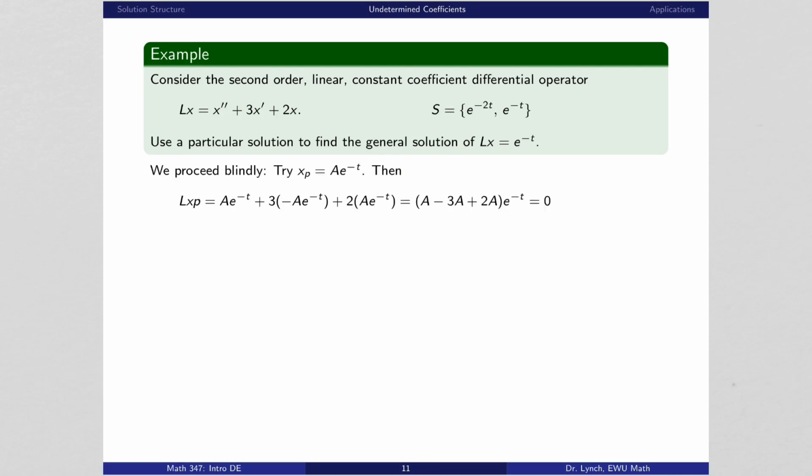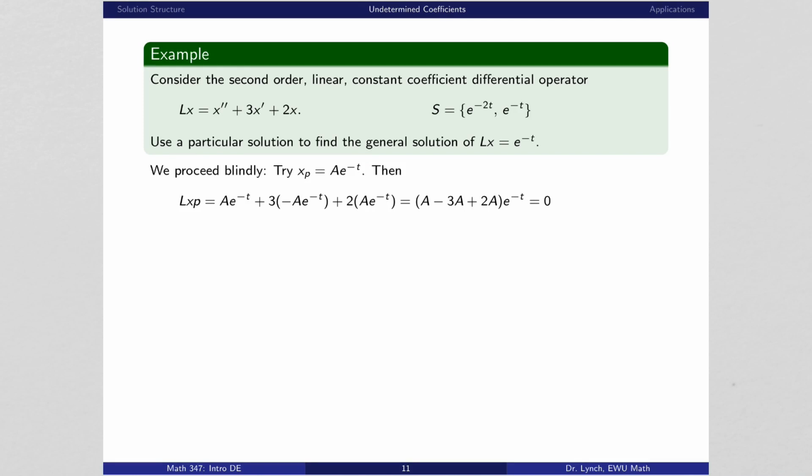In this case, that general similar form is a e to the minus t. And you can see that when we plug in a e to the minus t, what we actually end up with is 0. In other words, there's no function of the form a e to the minus t such that LP is equal to e to the minus t.